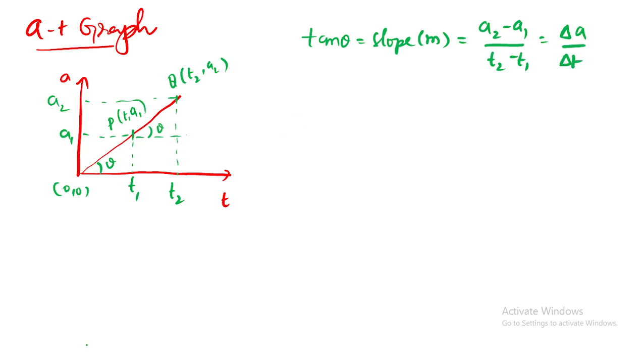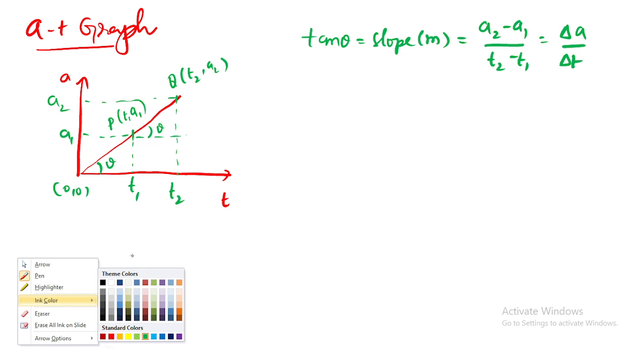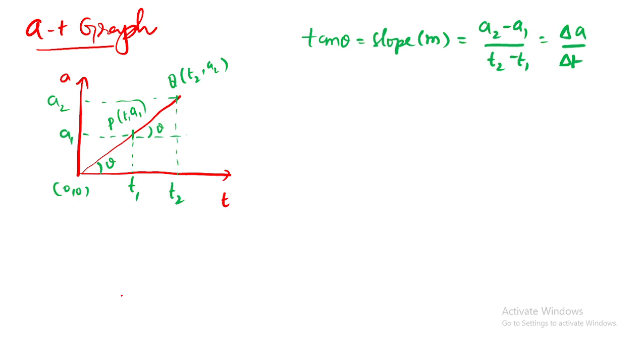Yes or no? This does not indicate any physical quantity. Am I correct? Slope of the curve is not at all giving any physical quantity. Yes or no? This is a delta change in acceleration with respect to time. Yes or no?